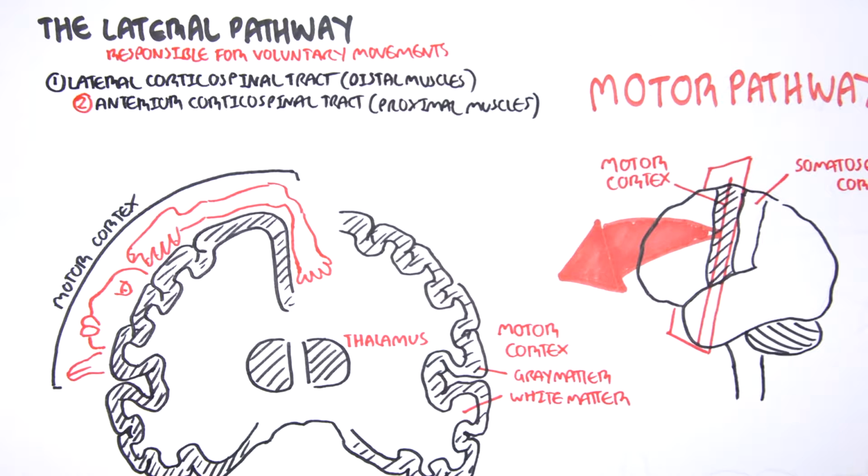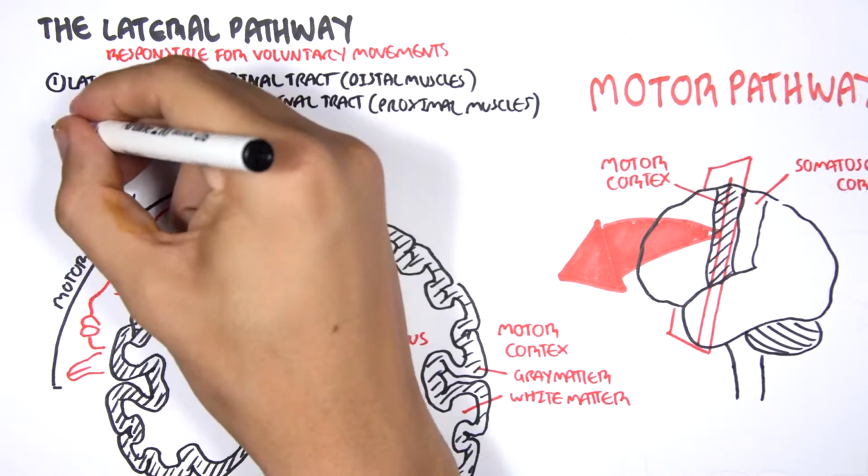The anterior corticospinal tract I highlighted here because it is voluntary, but not part of the lateral pathway itself. Regardless, the lateral and anterior corticospinal tracts are very important in voluntary muscle control. The third tract that we will talk about is the rubrospinal tract.